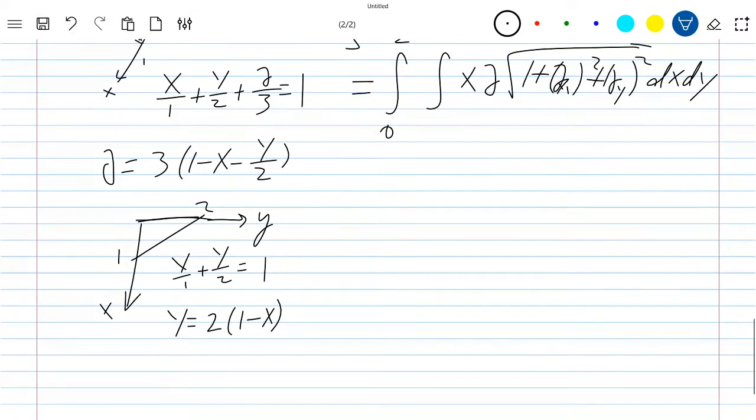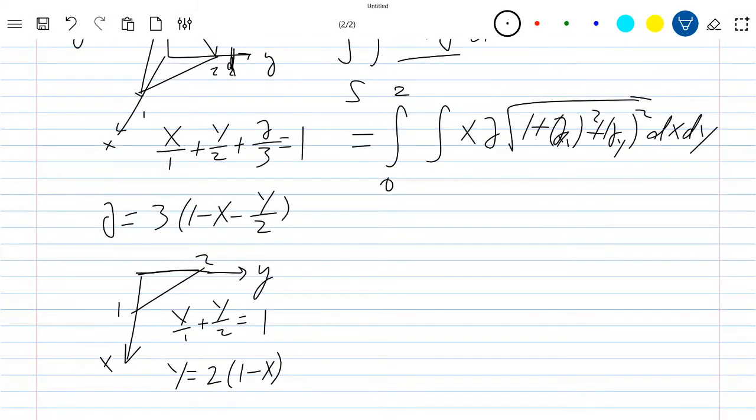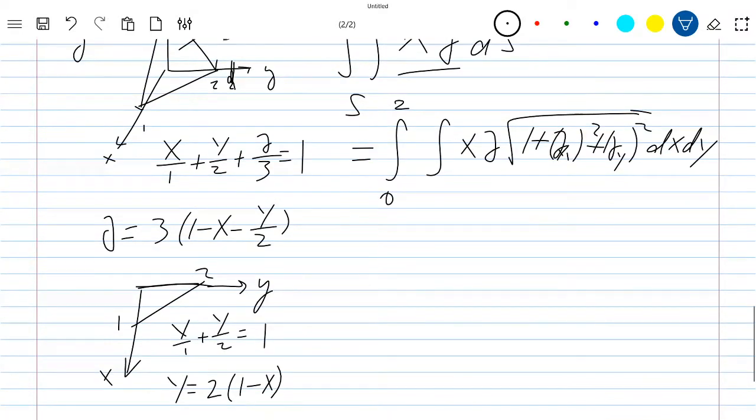Well, since I have this equation, how about we switch them? So let me switch x and y. Let's first do y, then do x. So x is from 0 to 1, and y is from 0 to 2 times 1 minus x. Okay, so for every x, y is from 0 to the right hand.